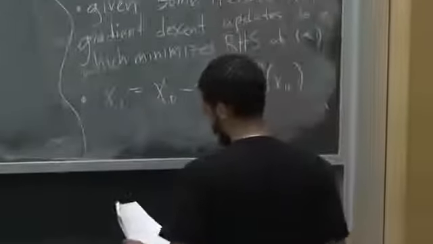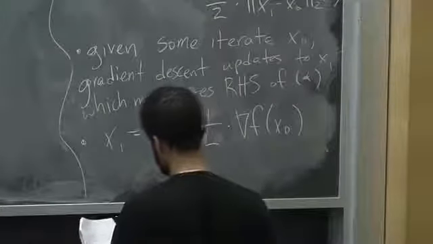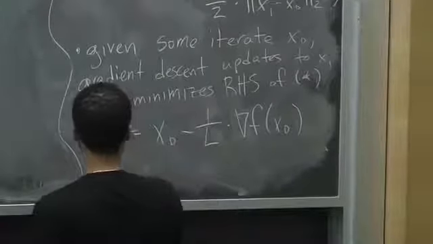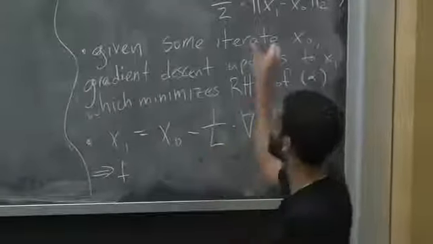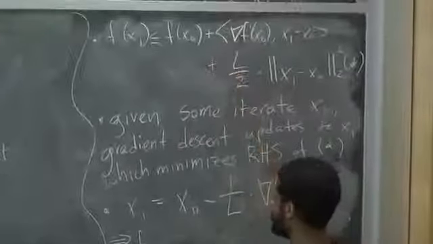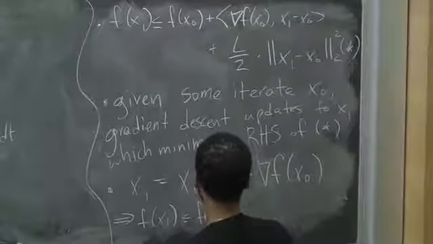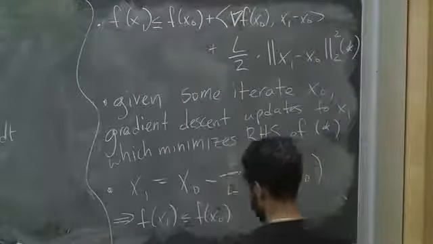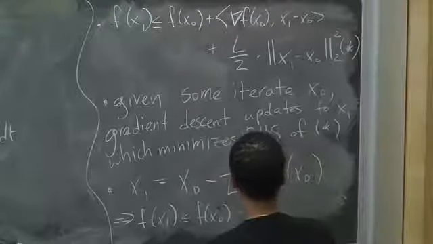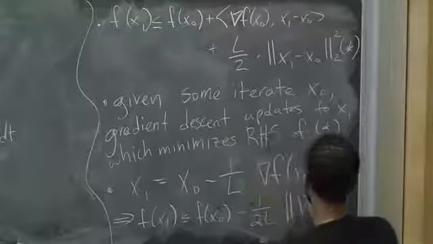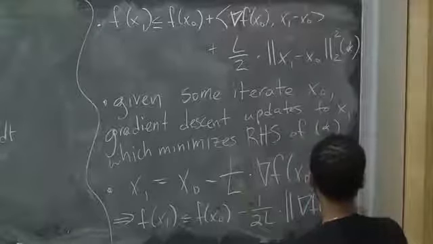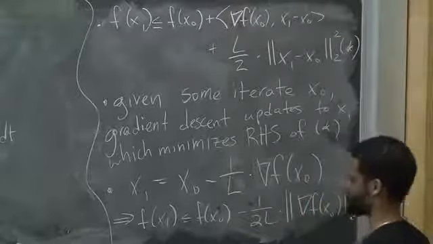Okay. And the upper bound that you'll get, if you just plug this into the right-hand side there, will imply that f of x1 is at most f of x0 minus 1 over 2L times the gradient of f at x0, L2 norm squared.